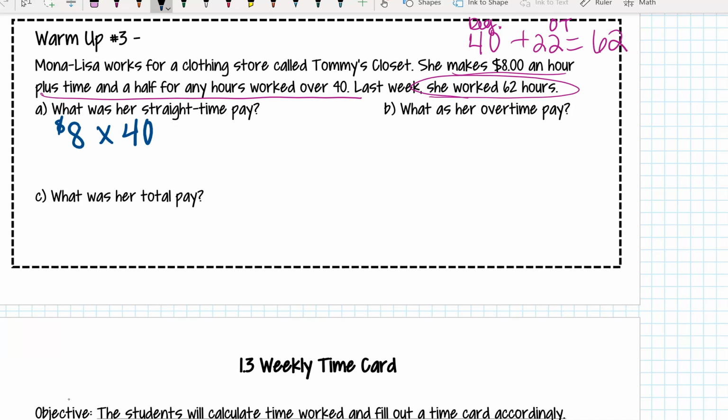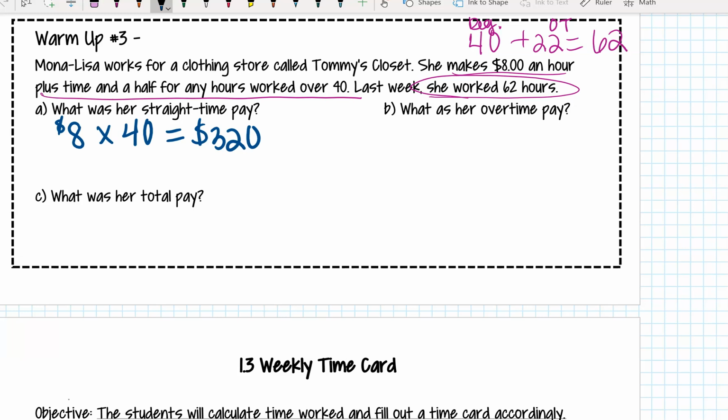That's her 40 hours or less regular hourly rate. Okay, so what is that total? How many dollars? Olivia? $320. So before she works any overtime, she already makes $320 before taxes.